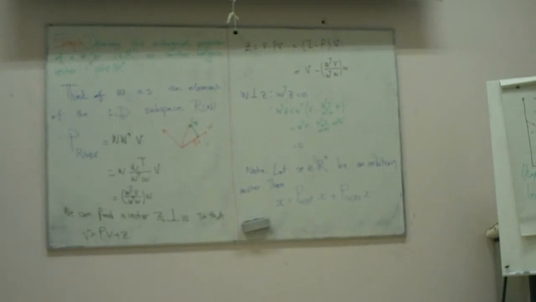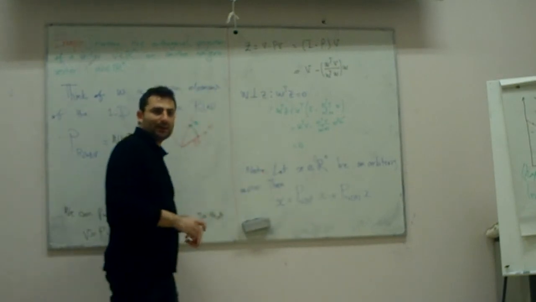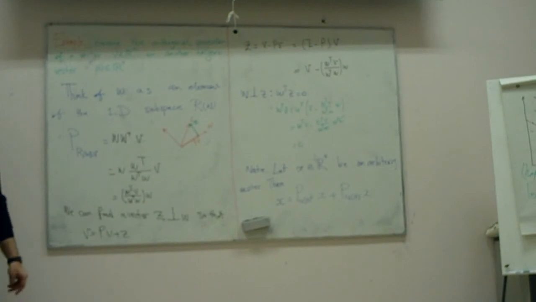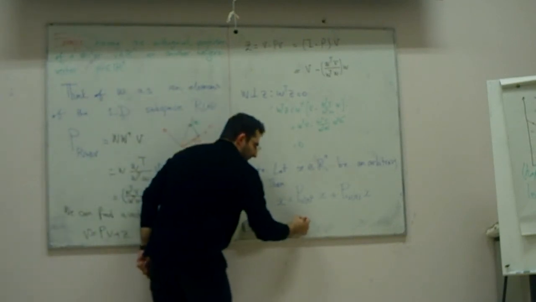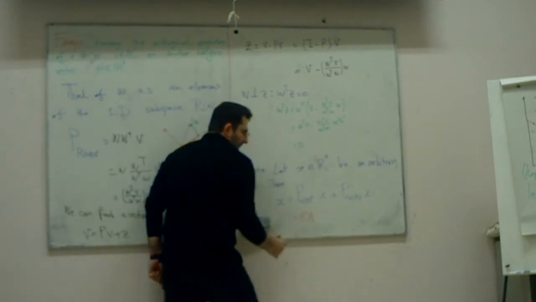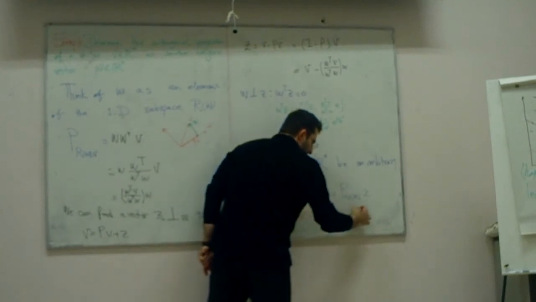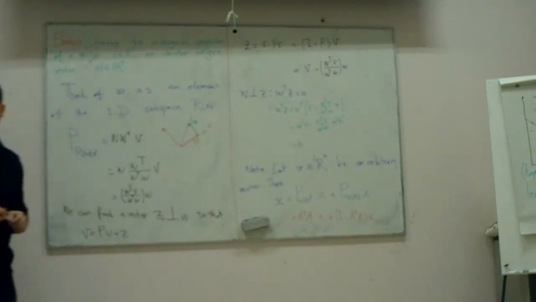Do you remember what is P of NA orthogonal? Look at the formula that is written. P of NA orthogonal, come on, what was it? Let's see what we have written. It is A plus A, right? The other one is I minus A plus A. But what was it?